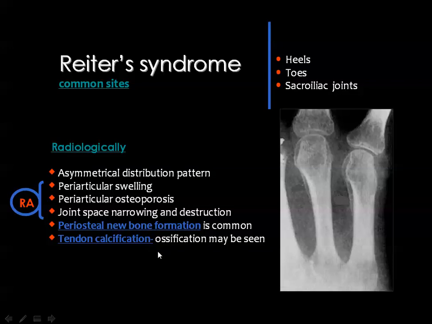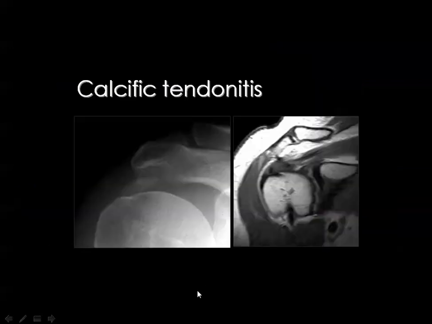Tendon calcification or ossification can be seen, like in cases of, for example, the supraspinatus calcific tendonitis. And this is an example. You can see this spot film for the region of the shoulder. This is the acromioclavicular joint, and this is the site, or what we call the critical zone, of the supraspinatus tendon, inserting into the greater tuberosity, showing an oval-shaped area of calcification, which may be appreciated here.